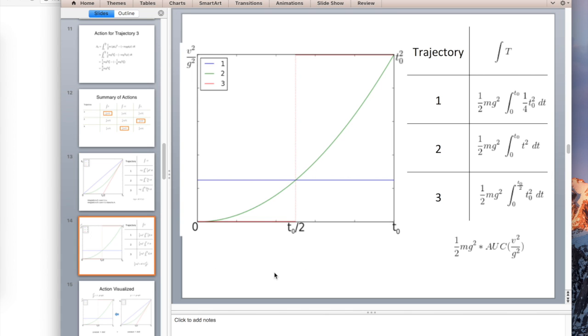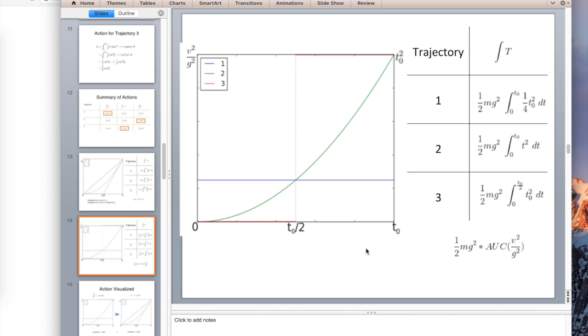Similarly, we can do the same thing for the kinetic energy term of the action. The kinetic energy integration of the trajectory can be expressed in a similar form as 1/2 mg squared, which is a constant, multiplied by the area under the curve of this function. This function is actually v squared divided by g squared, where v is a function of time t. If we plot this function with respect to t, we get these v squared curves for all three trajectories.